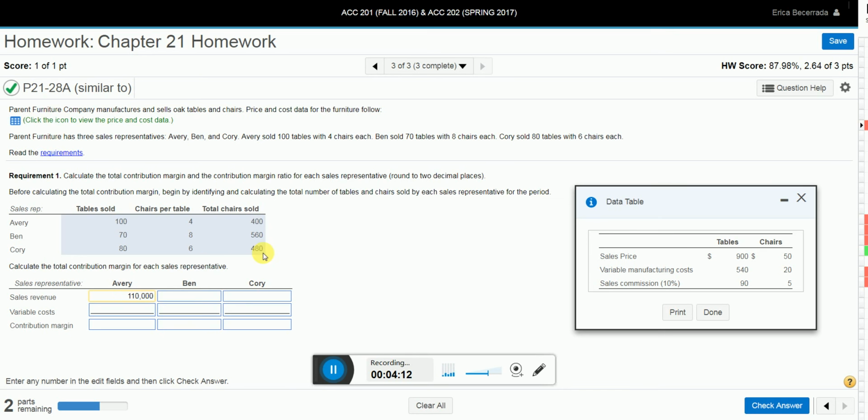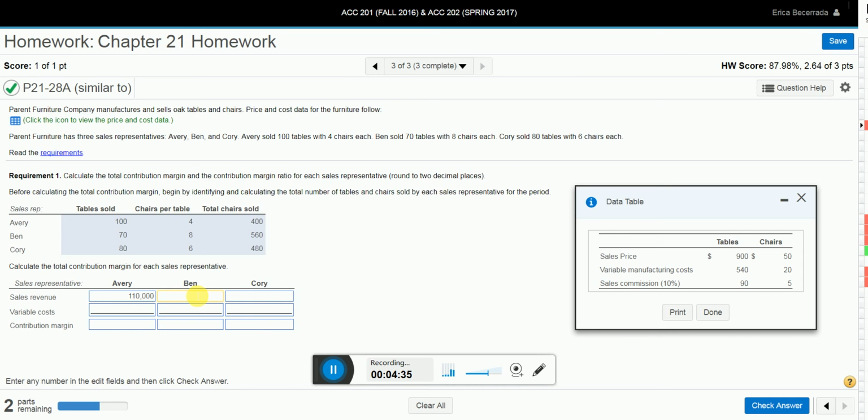And we're going to do the same for Ben. So we're going to take his total tables sold, which is 70, multiply that by the sales price of 900. So 70 multiplied by 900 is 63,000. We're going to hang on to that and add it to the total chairs.